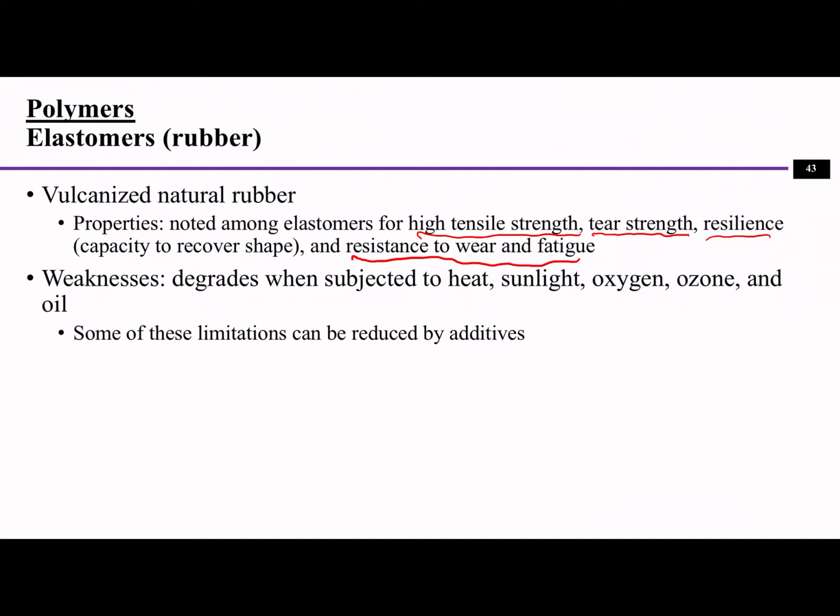So the weakness of those rubbers is that they degrade easily when exposed to heat, sunlight, oxygen, ozone, and oil. But we can also increase these properties by adding some additives, as we mentioned before.